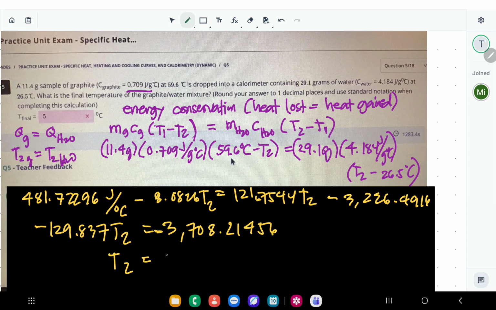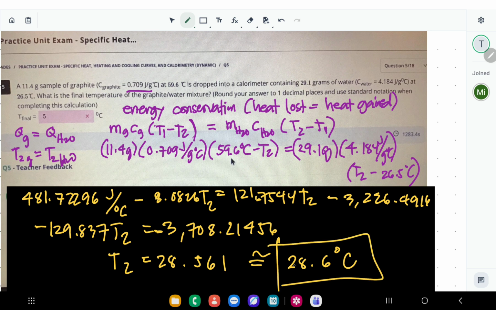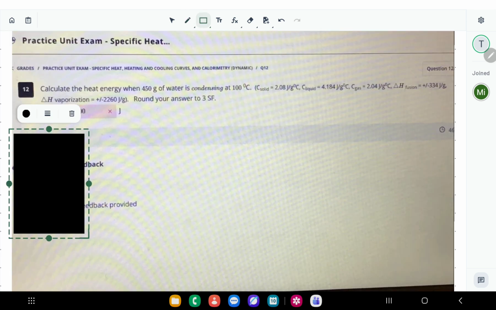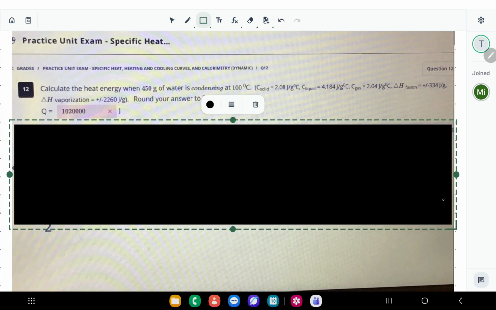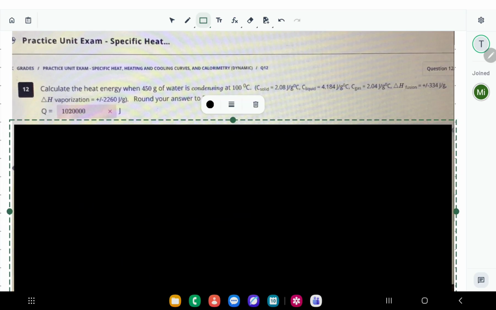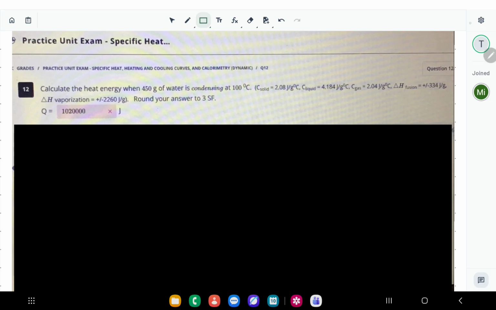So T2 is 28.561. It says 1 decimal place, so T2 is 28.6 degrees Celsius. That's my answer. Cover this one, because that one is a lot of numbers, the previous problem.